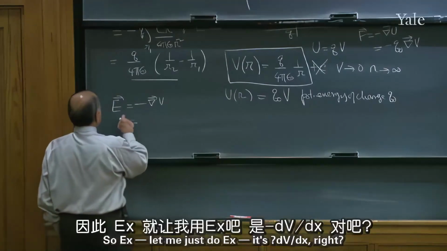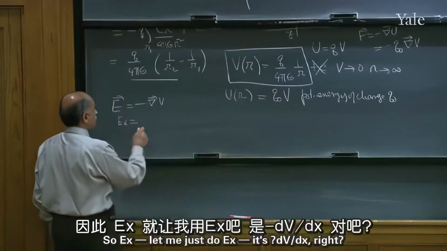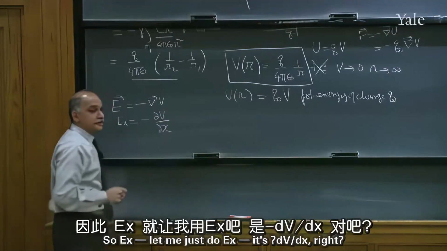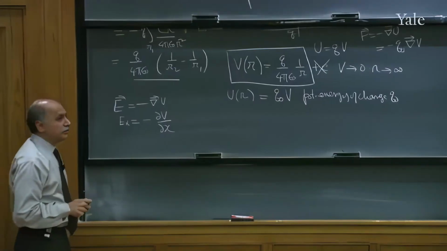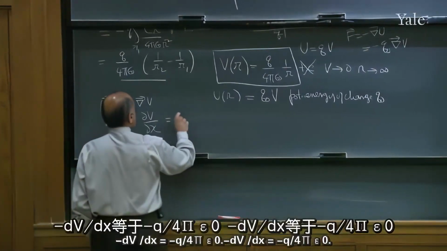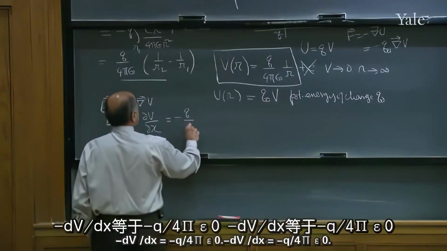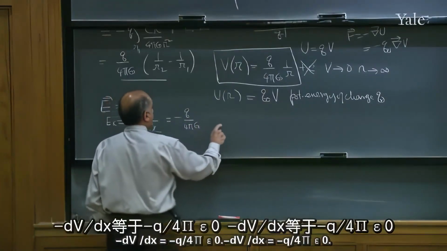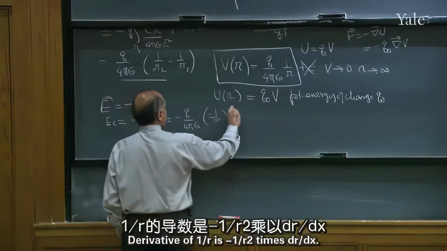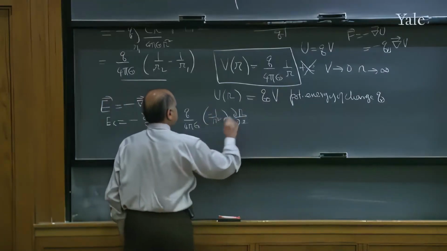So Ex, let me just do Ex. It's minus dV/dx, right? Minus dV/dx is minus Q over 4 pi epsilon 0 times the derivative of 1 over r, which is minus 1 over r squared times dr/dx.